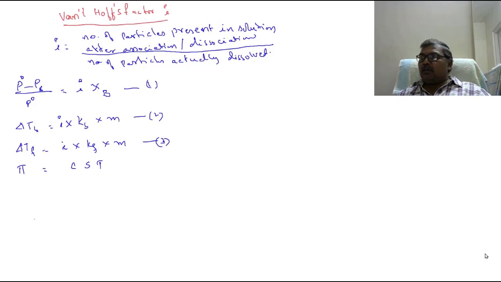If solute associates or dissociates, use pi equal to iCST. Right? Remember these equations. I am going to remove these. You note it down now.